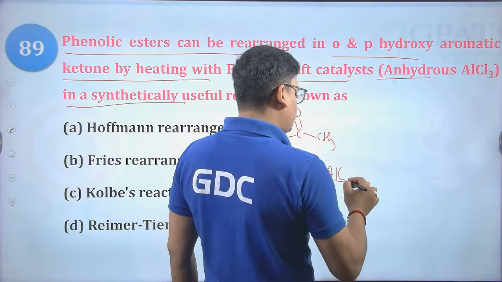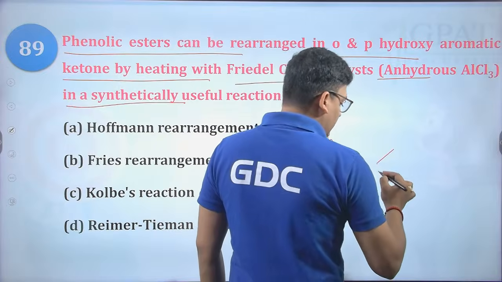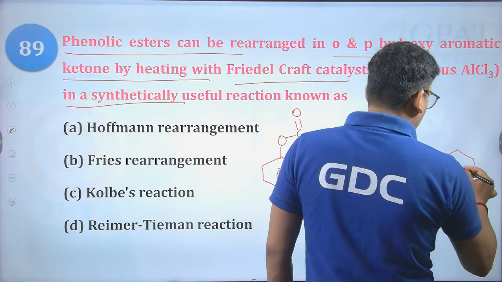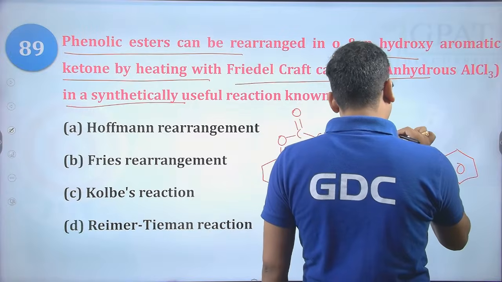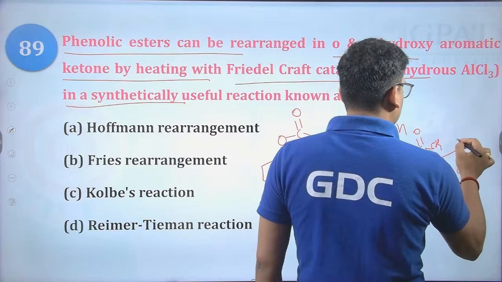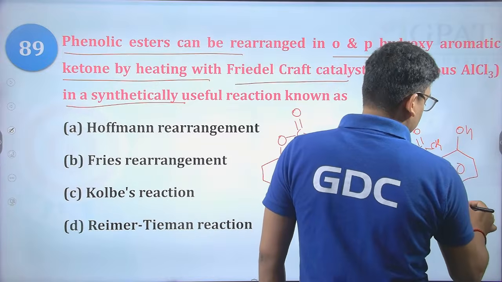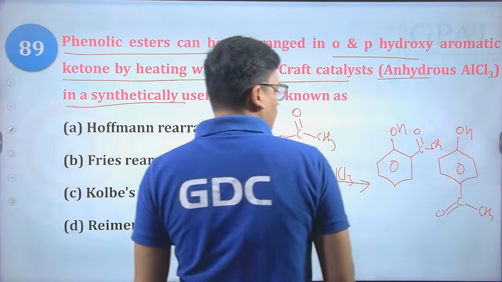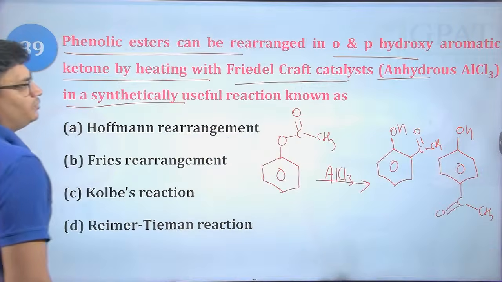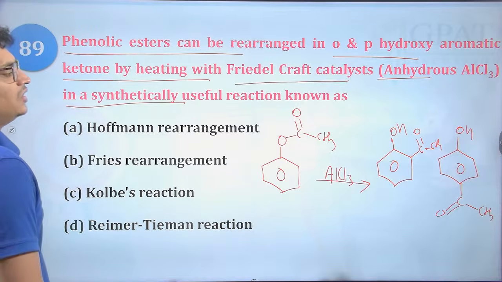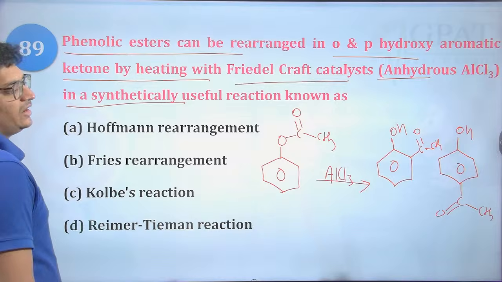And in the presence of AlCl3, we are having an ortho and a para derivative, C double bond O, CH3, and OH, C double bond O, CH3. So this one is ortho and that is para. So ortho para keto hydroxy compound.